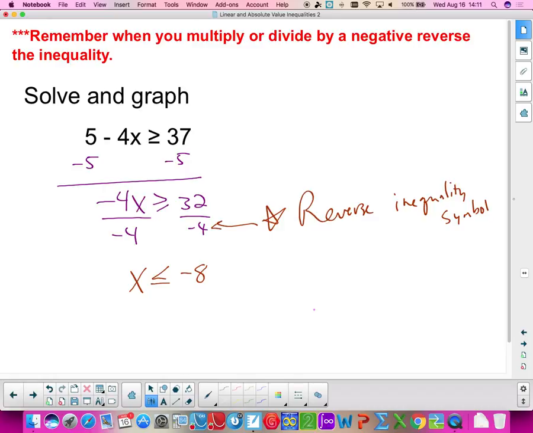Pretty easy peasy, right? You don't reverse it if you add or subtract. You don't reverse it if you add or multiply or divide by a positive number, only with a negative number. So if I were to graph this, there's 0. There's -8.